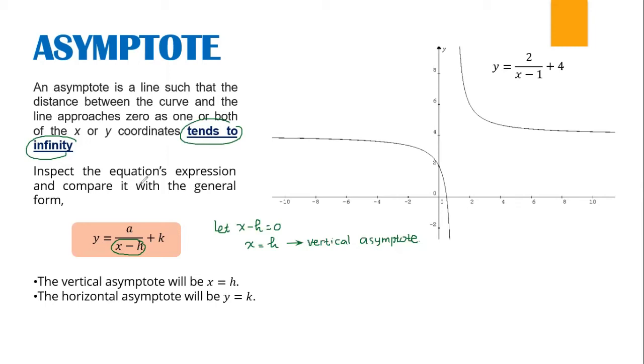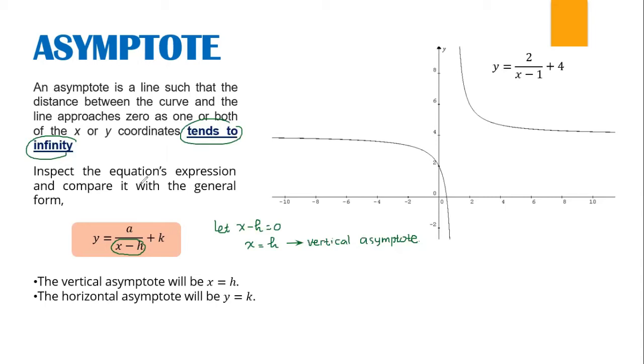By taking the denominator, x minus h equals 0. Is it clear to you? So when we have the vertical asymptote, it means there is no intersection on the graph.